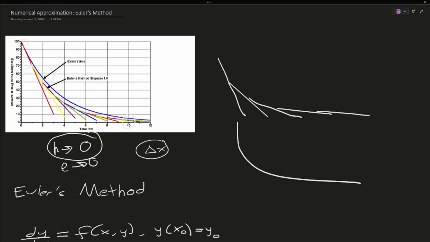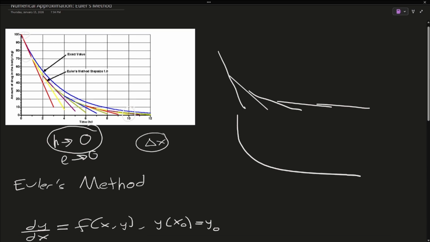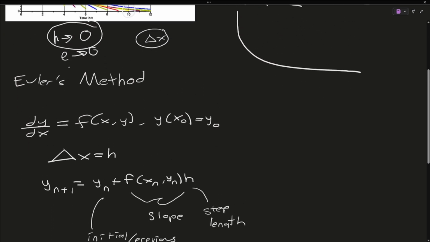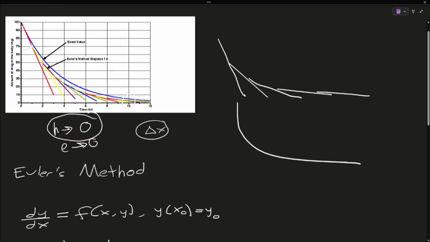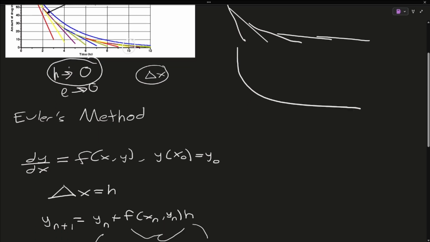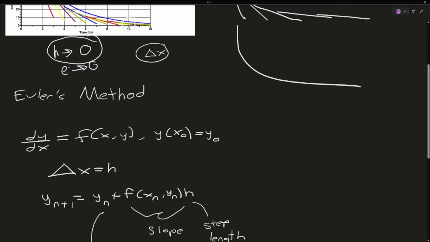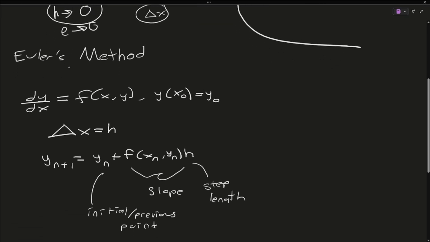Our slopes are so different; the first slope is much steeper than the second slope. So the smaller step size we have, the more accuracy we get. We can use computers to help us generate really close approximations with these methods. It's also quite similar to Taylor series in a way.